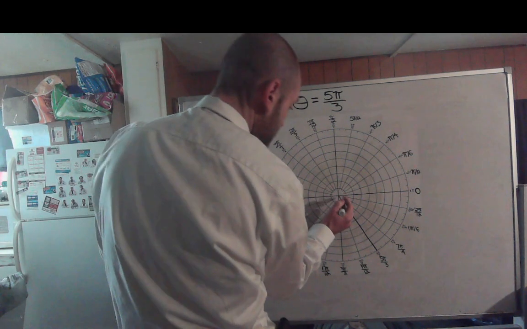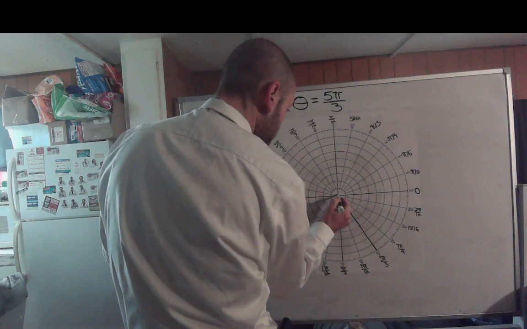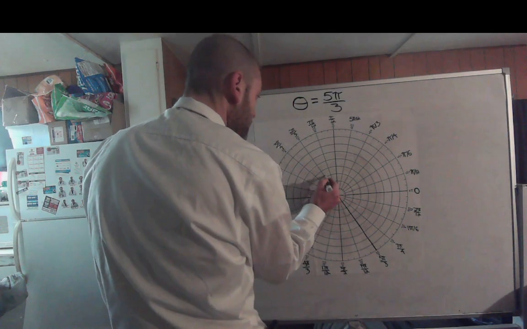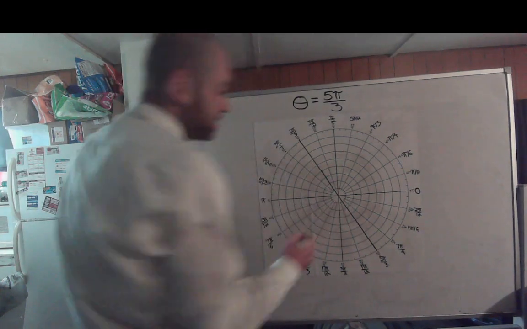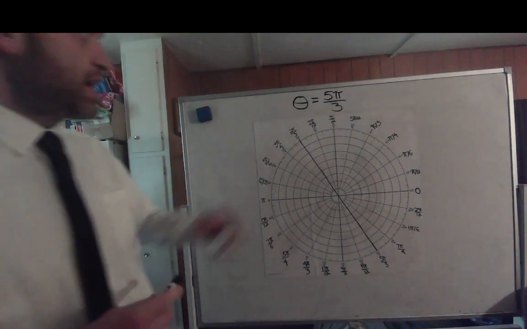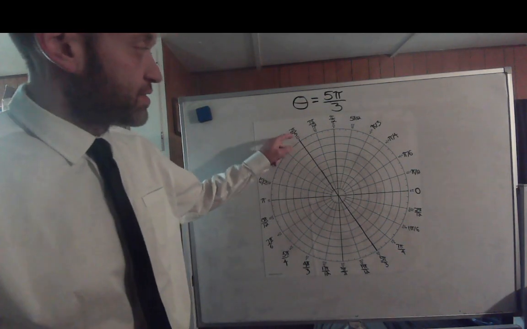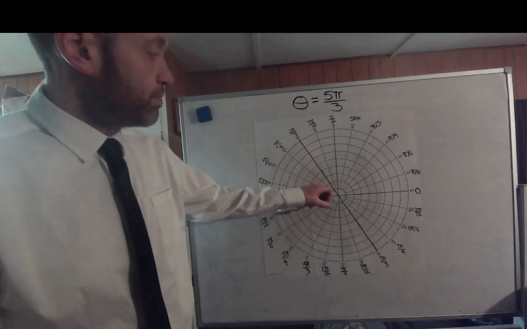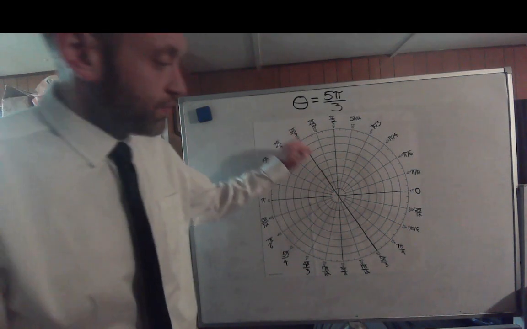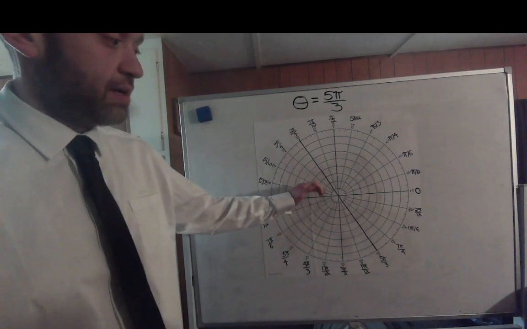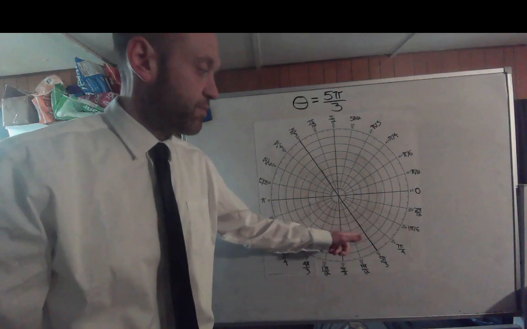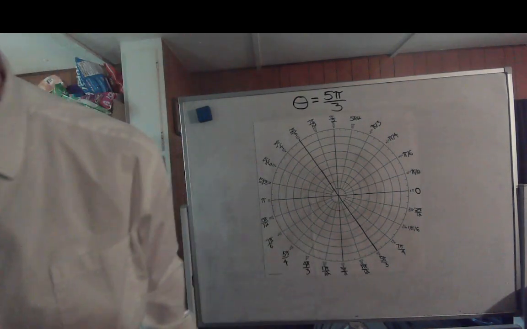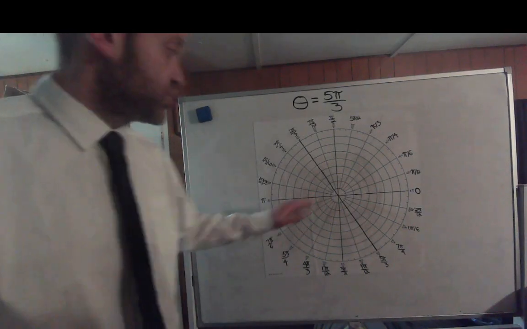So really, you're also going to go into 2 pi over 3, and you'll have a whole line. So theta equals 5 pi over 3 is this line through the pole, through 2 pi over 3 and 5 pi over 3, because 2 pi over 3 is the negative direction for the axis 5 pi over 3. So that's just a line.